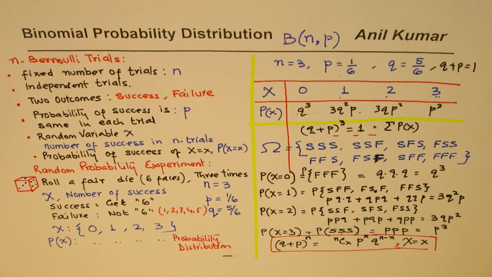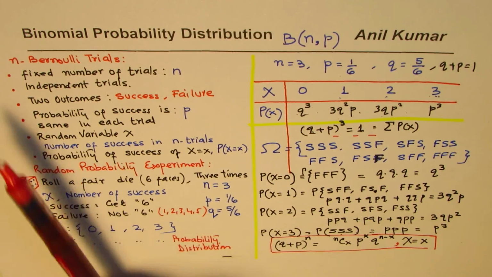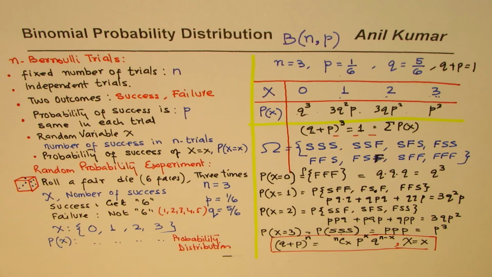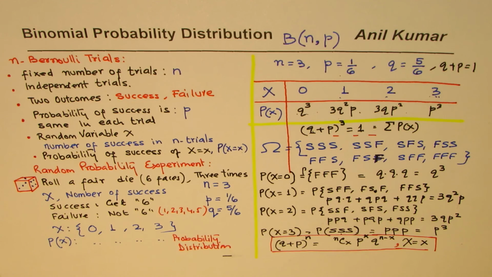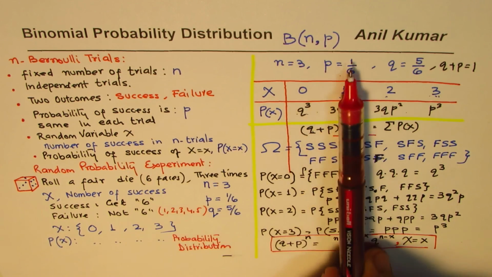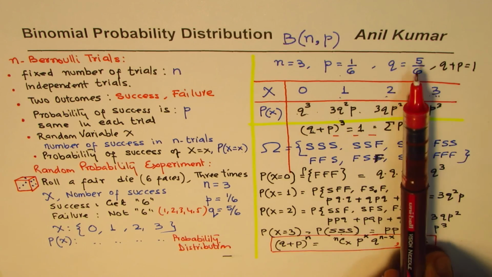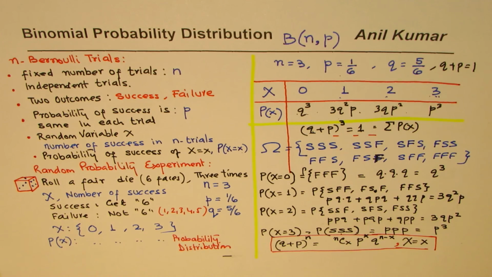The idea of this video was to understand how to relate our Bernoulli trials with the probability distribution of a random variable. With a simple example, we took n as 3, with the probability for each trial fixed, trial after trial, as 1 over 6 for success and 5 over 6, which is 1 minus 1 over 6, for failure.